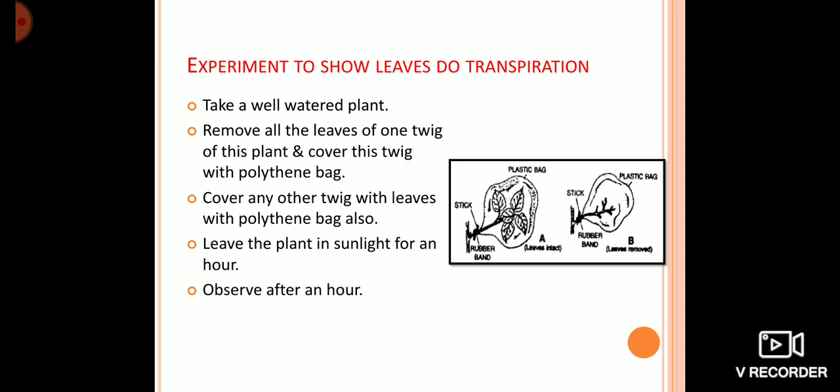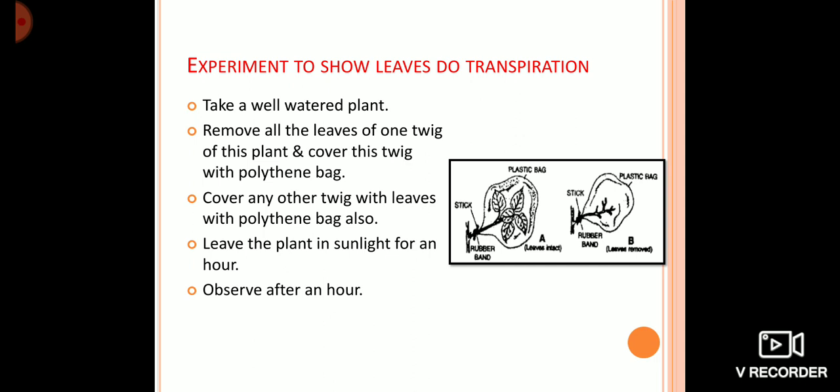After that, cover another twig which has the leaves, and again it is covered with a polythene bag. Then leave the plant in sunlight for an hour, and after an hour you have to observe.